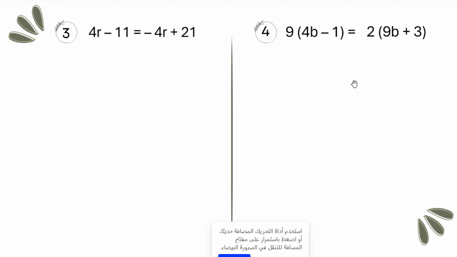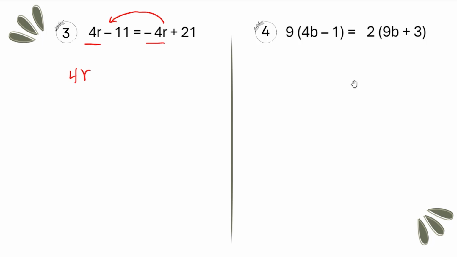Another question. 4r minus 11 equals negative 4r plus 21. Okay, what should we do in this case? We need to move the smallest variable to be beside the biggest variable. Now, this negative 4r here, we move it to the other side and it will be positive 4r, minus 11 the same, equals, on the right side we have 21 left.